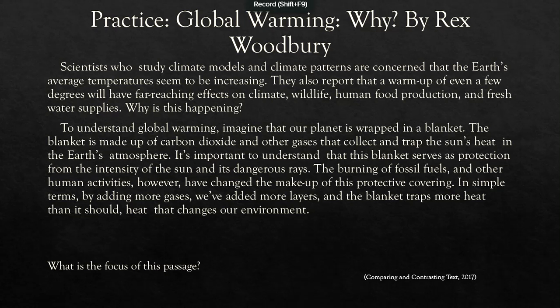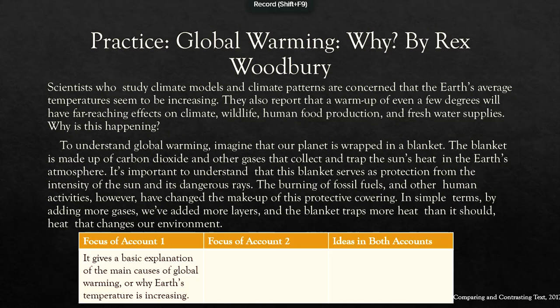In simple terms, by adding more gases, we've added more layers, and the blanket traps more heat than it should. Heat that changes our environment. What is the focus of this passage? Let's look at our first focus. It gives a basic explanation of the main causes of global warming, or why Earth's temperature is increasing.